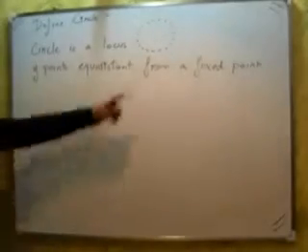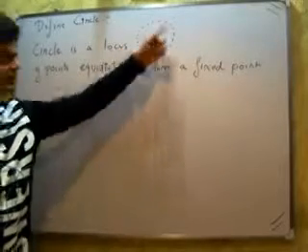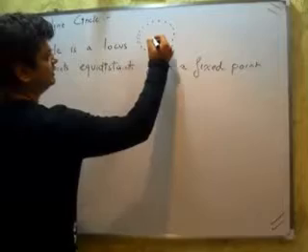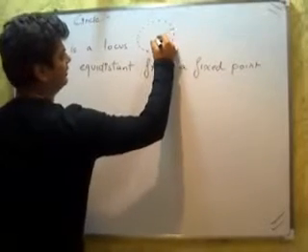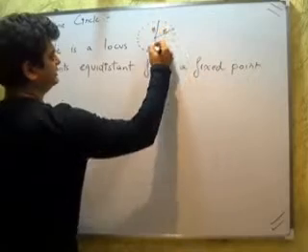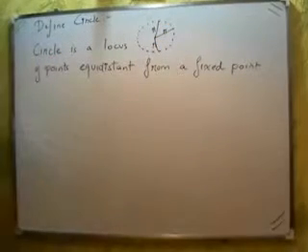This fixed point will be considered as the center of the circle, and the distance between this point and the many points will be considered as radius. Am I right?